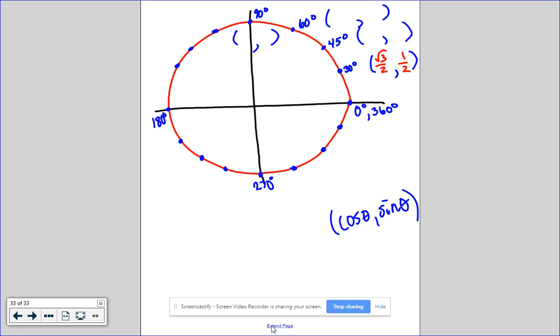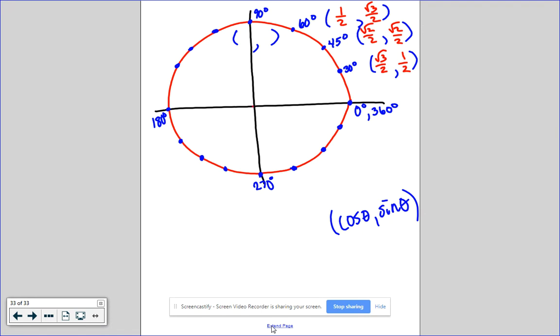Okay? Do you remember what 45 was? Root 2 over 2 for both at 45. And then 60, you just flip 30. So it's 1/2, square root 3 over 2. Okay?